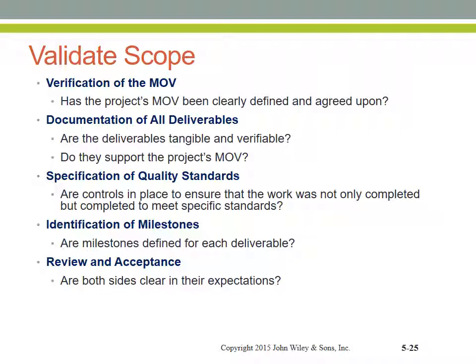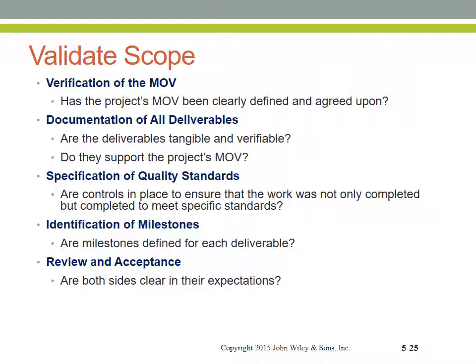And then, of course, since we're validating not just product scope through testing, but we're also validating project scope, we need to validate that all milestones have been defined in the project delivery cycle and that all milestones have been agreed upon as well and approved by the project sponsor.